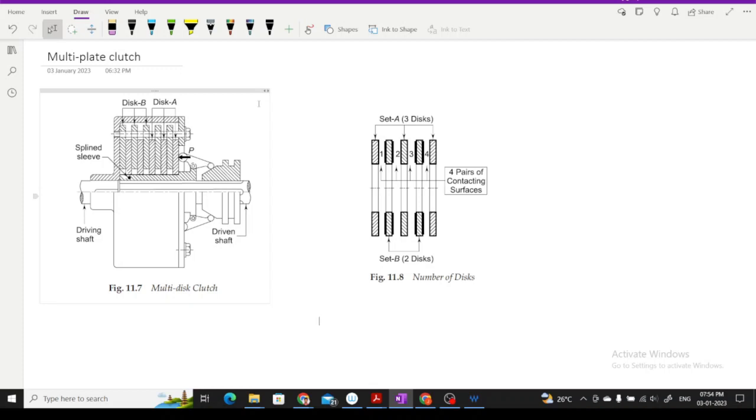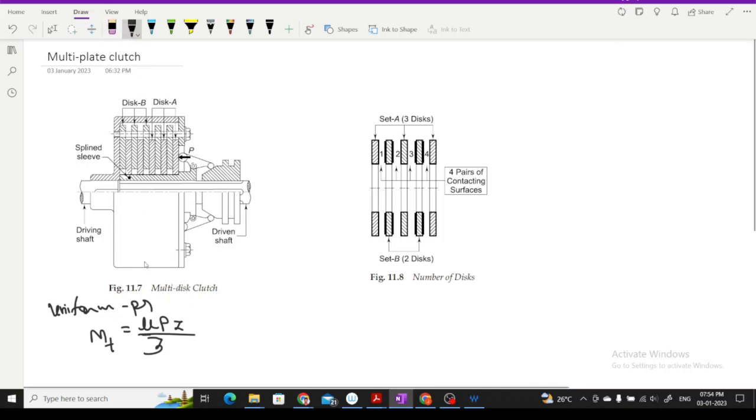So in case of uniform pressure criteria, your frictional torque can be represented as mu p z by 3 into (D cubed minus d cubed) by (D squared minus d squared).